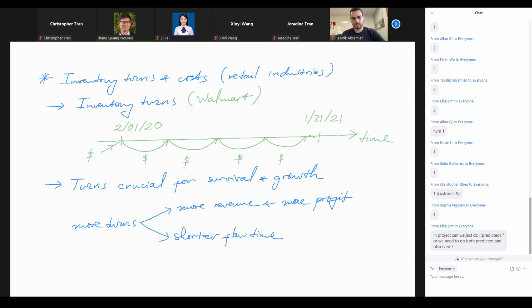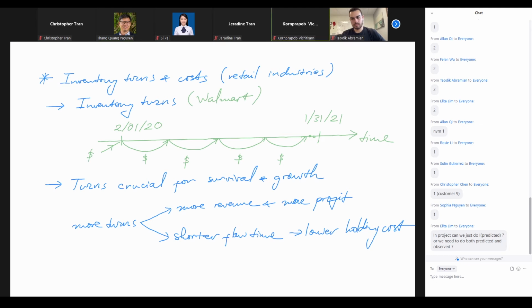So because we can cut down the time, then we can lower the holding cost. If we cannot turn the merchandise quickly, the items will stay on the shelf for long, and the longer they stay, the more costly it is for you to hold on to it. And I'm going to discuss very shortly why it costs money to hold on to the inventory.